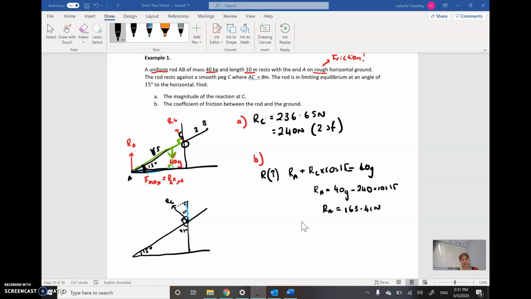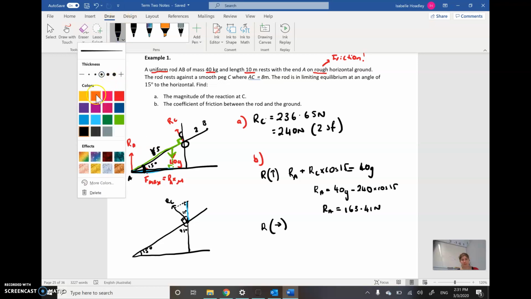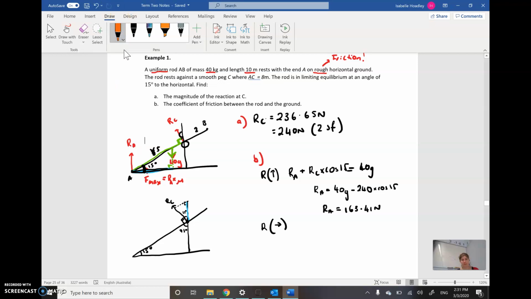From there, we can solve to find our coefficient of friction. If we resolve horizontally, we can look at this horizontal component of RC, this one here.